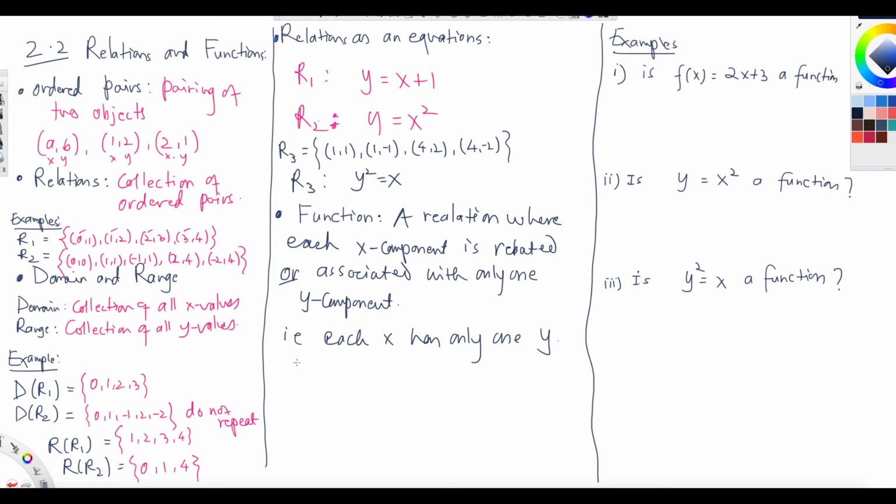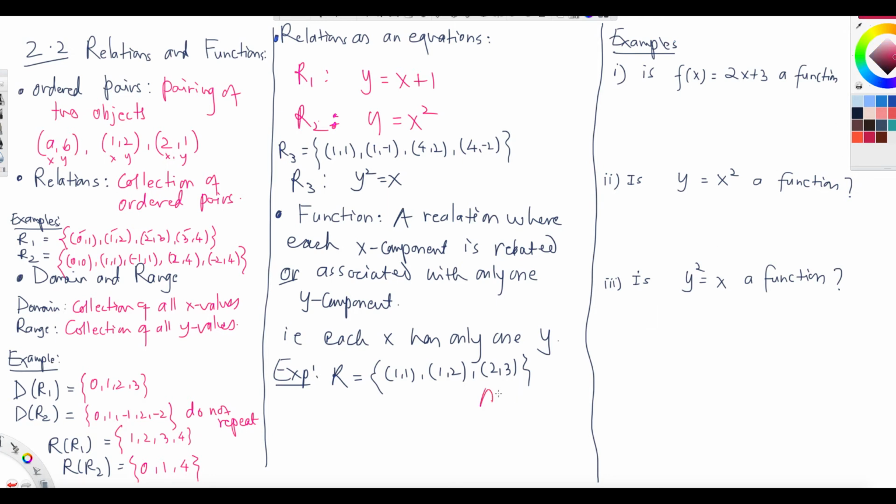For example, let's say R equals (1, 1), (1, 2), (2, 3). Here 1 has a pair 1 and 1 has a pair 2, so it is not a function.